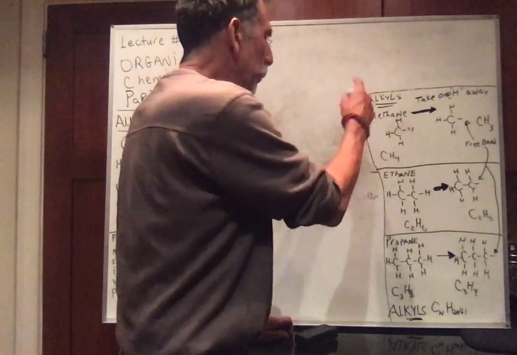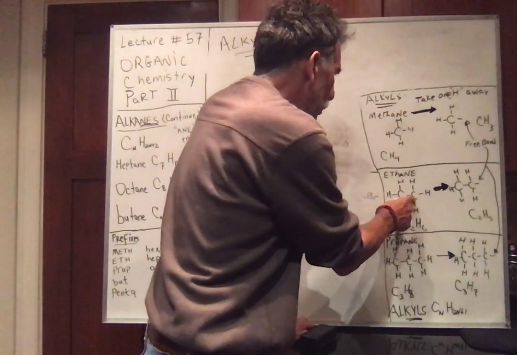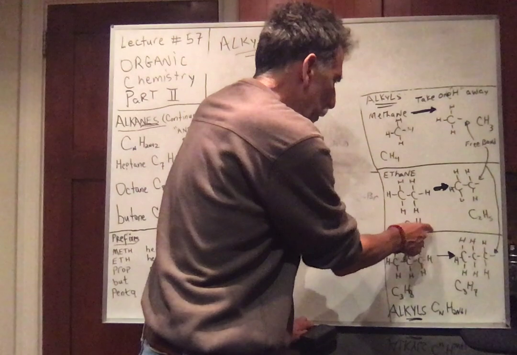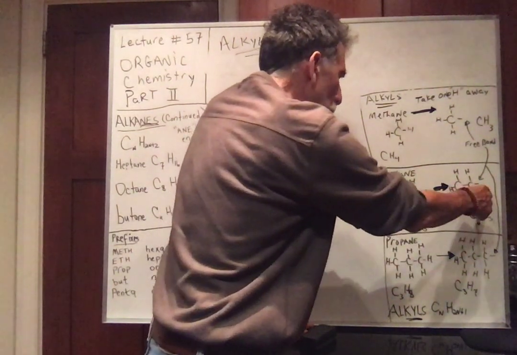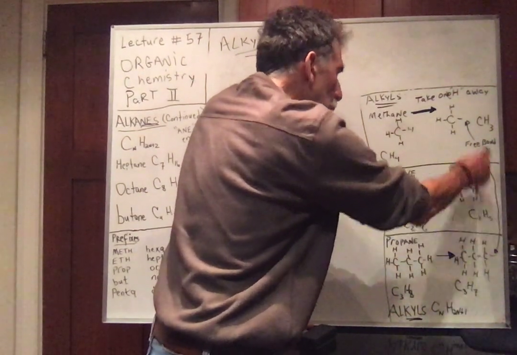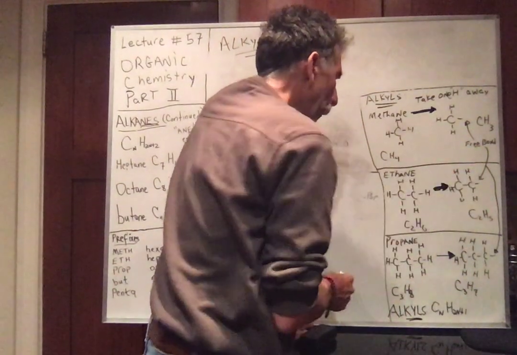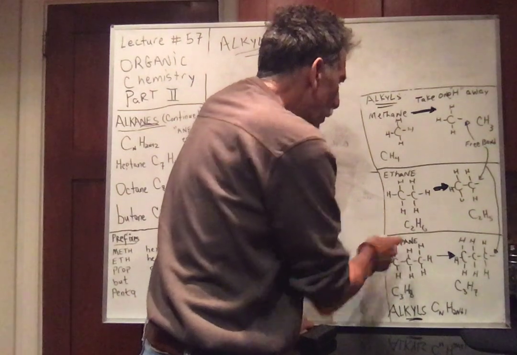Let's look at the next one. Ethane has 2 carbons, so it's C2H6. 2 times 2 plus 2 is 6. Again, take a hydrogen away, doesn't matter where. We have C2H5. Notice it's an odd number. Free bond again. So it's not ethane anymore. Let's look at the next one.